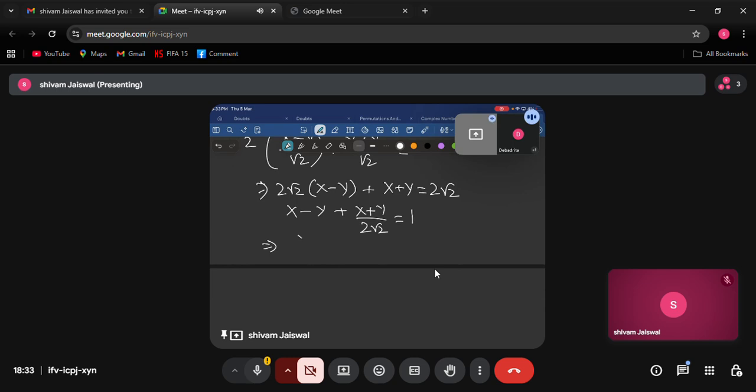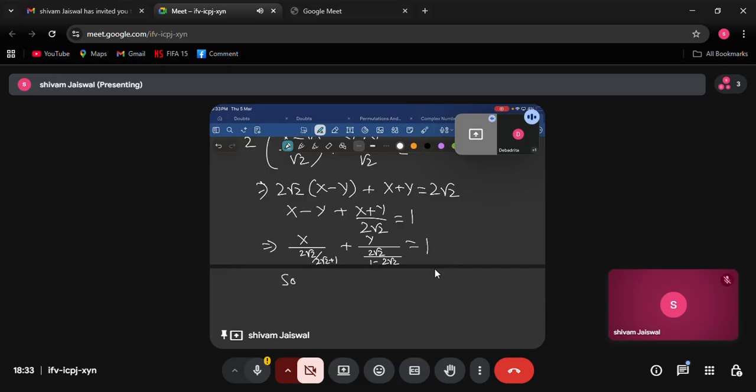I am getting X upon 2 root 2 upon 2 root 2 plus 1, plus Y upon 2 root 2 by 1 minus 2 root 2, and this is equal to 1.